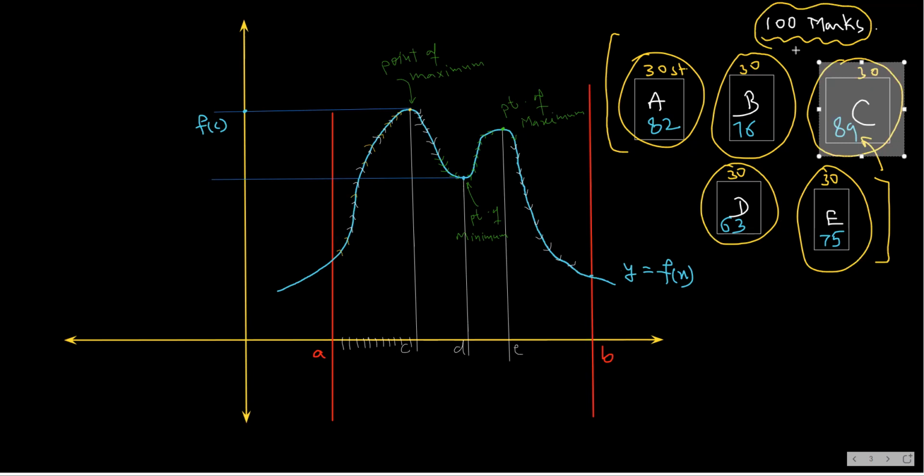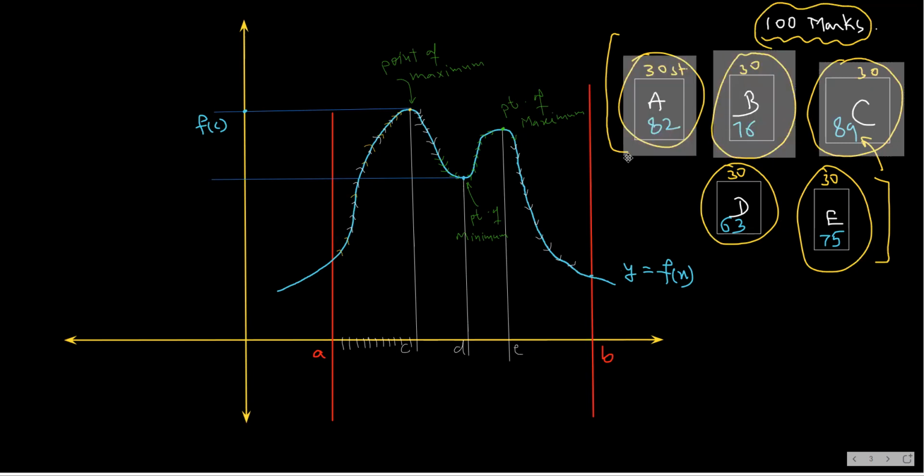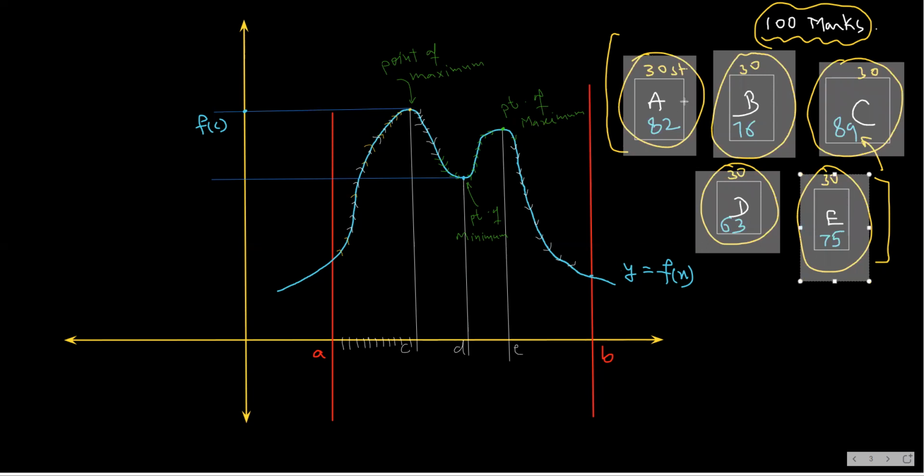Other than this 89, if I consider the individual divisions, then we have local maximums. 82 is a local maximum, and this is maximum in each respective division. And 89 is the absolute maximum. So this was the example for maximum.